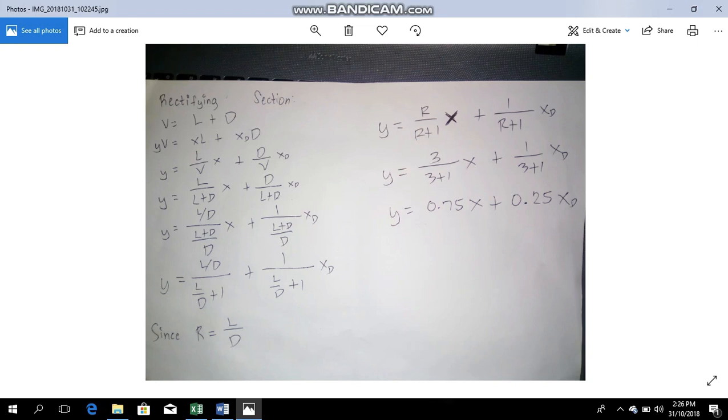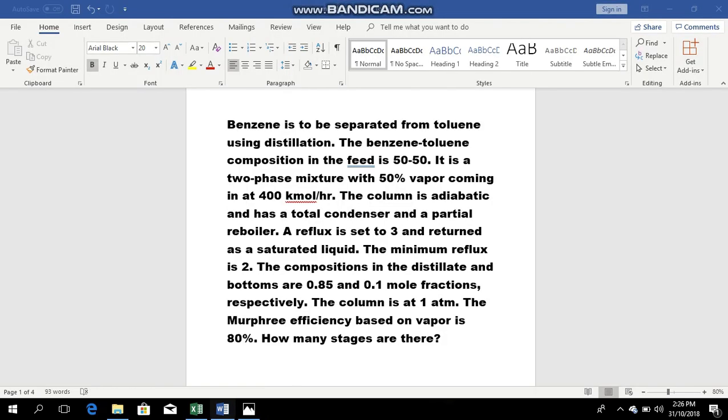And we know that R is equal to 3, as stated in our problem. So the reflux is 3.